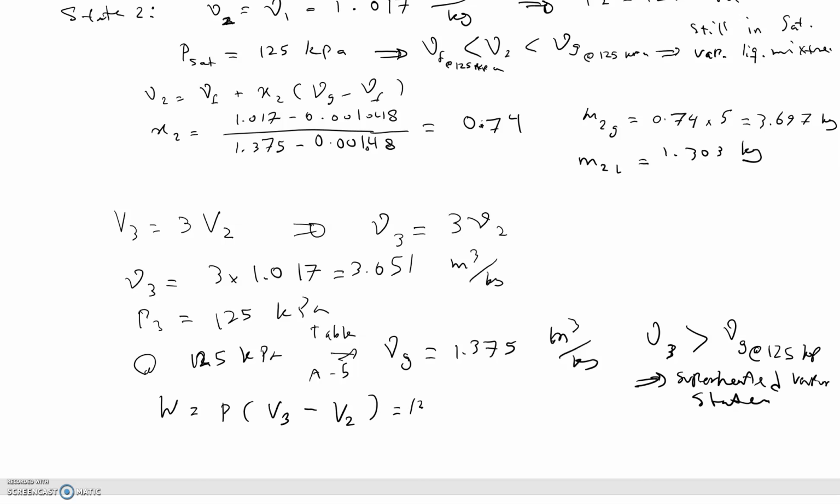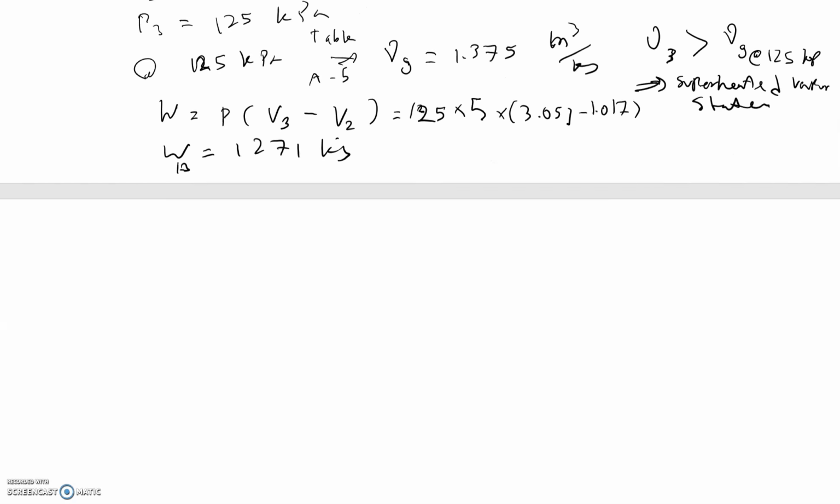Pressure stays the same, right? 125 kilopascal, and the total mass does not change. That's 5 kilograms, and multiplied by the difference between specific volumes, right? So 3.051 minus 1.017. So the work done during this process, 1 to 3, is equal to 1271 kilojoules.